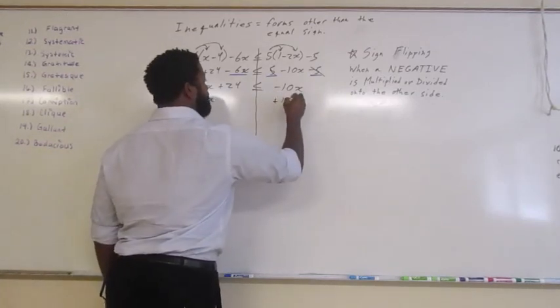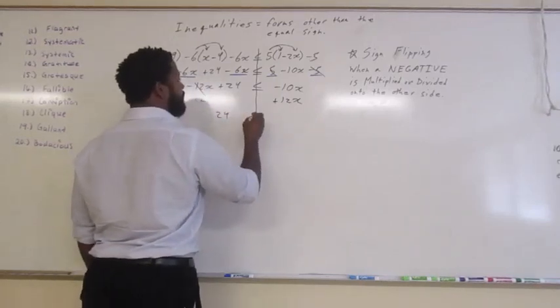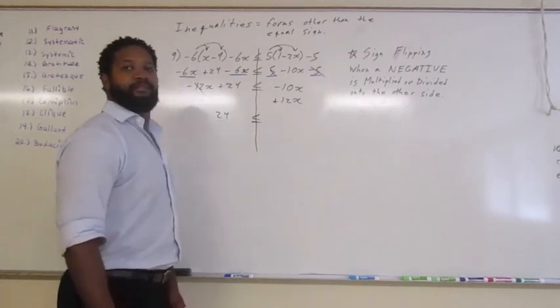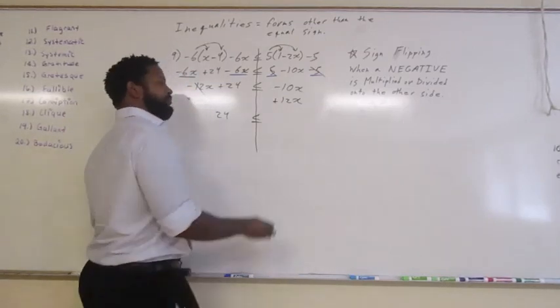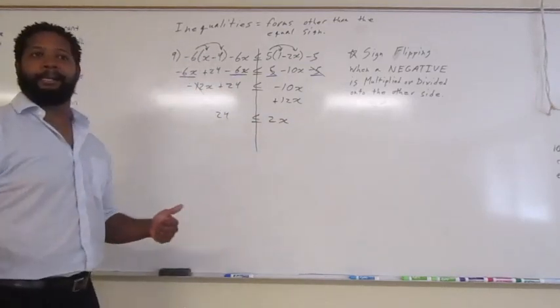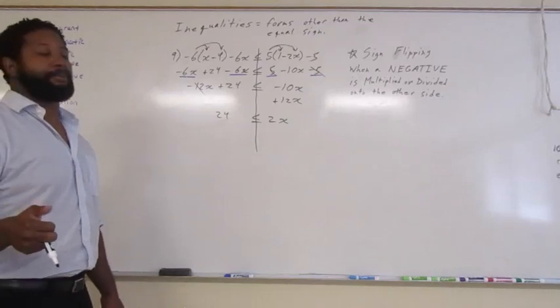Add that 12x. Cancels out. 24 is less than or equal to what? 2x. Y'all good so far? Are you writing this down?